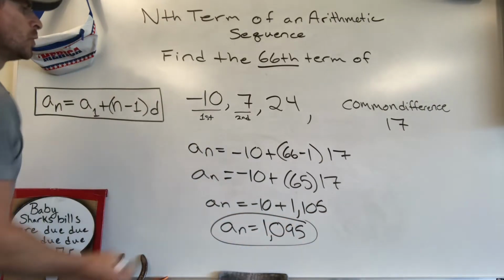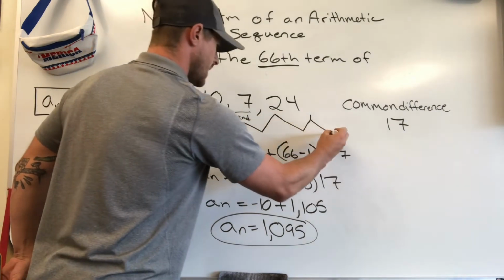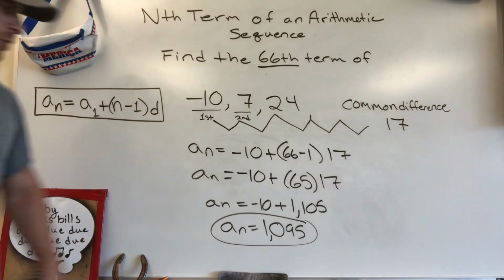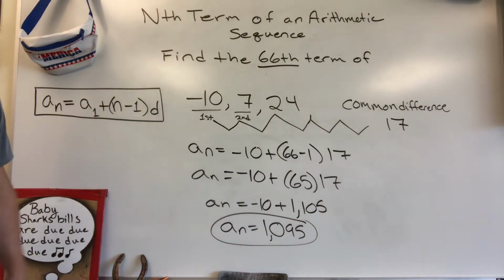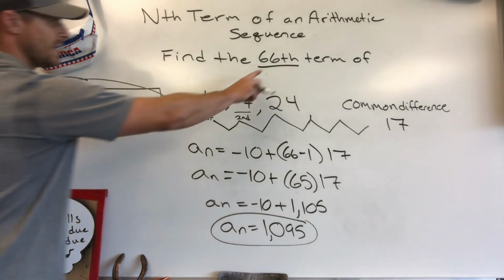So if we were to add 17, add 17, add 17, 66 terms out, you would land on 1,095. This right here is your formula, and you can find any term you want.